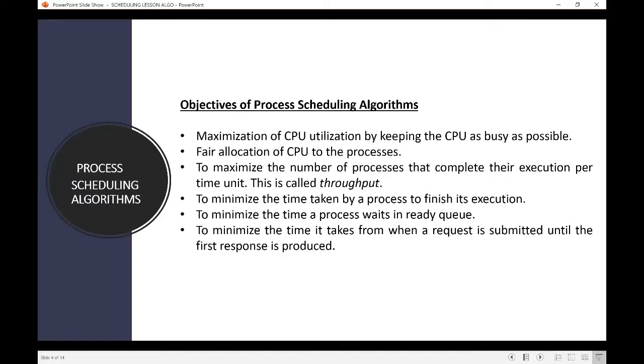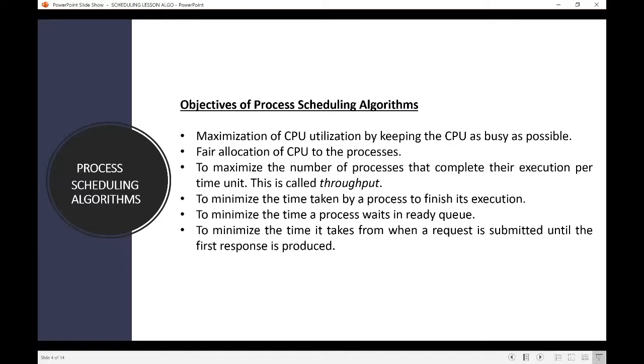The process scheduling algorithm is there to minimize the time taken by a process to finish its execution. So the scheduler will try as much as possible to make sure every process does not spend a long time in execution. It also minimizes the time a process waits in the ready queue.